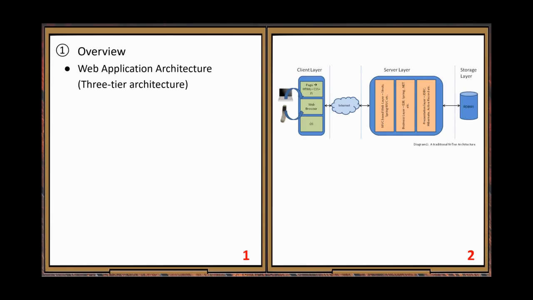But sometimes some people may call it differently. Here we use the mainstream way to call it. Many people just use their own way. For example, in this diagram, it's called N-tier architecture.